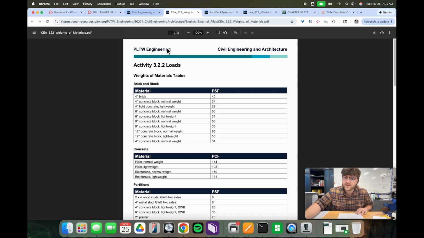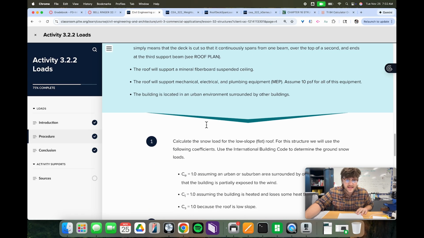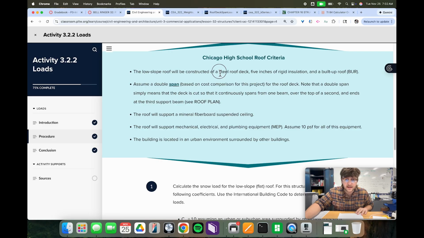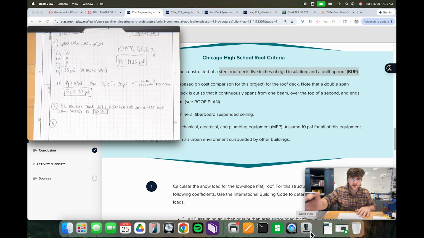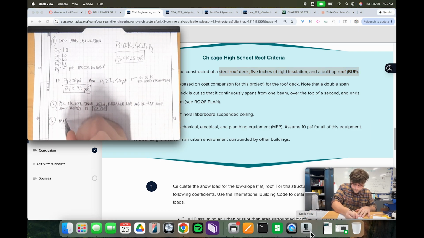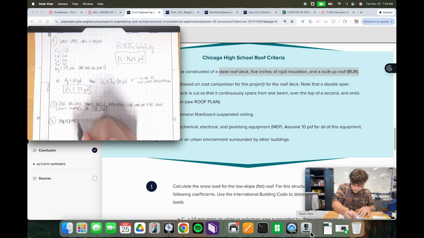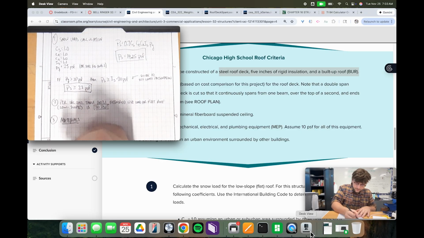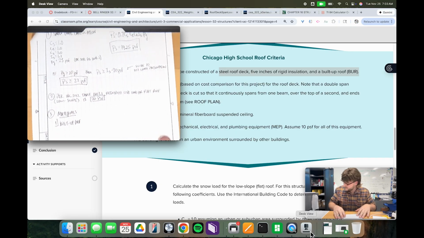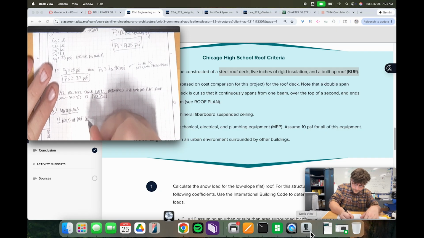The other thing that we're going to want to do is remember up here, they end up telling us all of the materials for our actual low slope roof there. So I'm going to actually write this down. I'm going to go materials right here. So we have the built-up roof, and that's the BUR, B-U-R, or BUR.